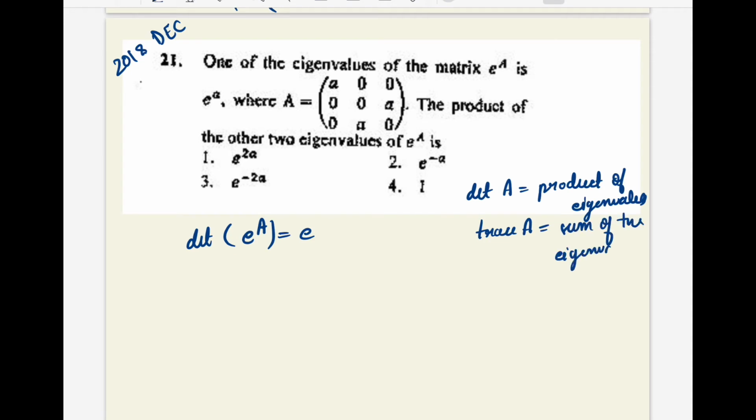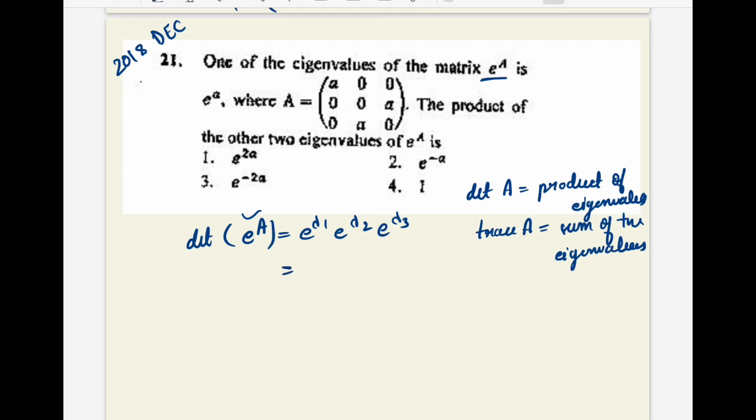Okay, remember this. So the determinant of e to the power A is e to the power lambda 1, e to the power lambda 2, e to the power lambda 3. These are the three eigenvalues of e to the power A.